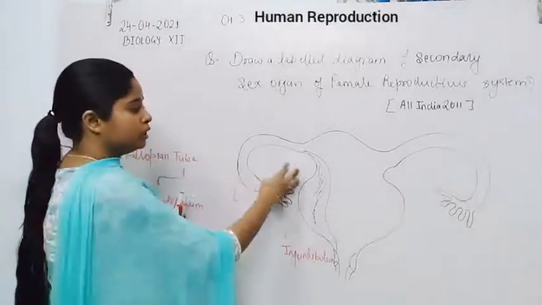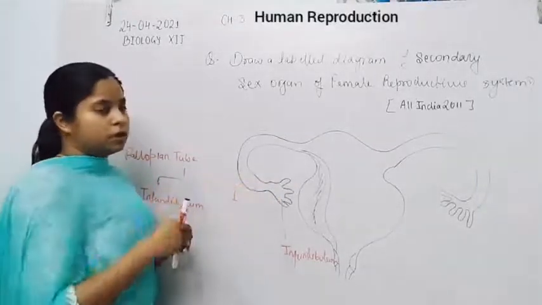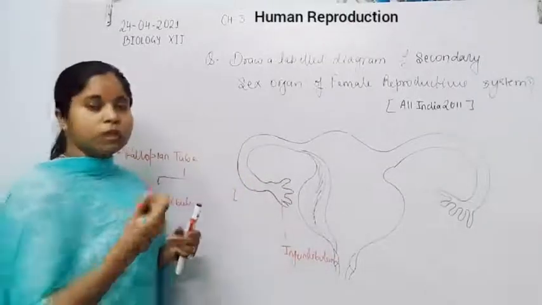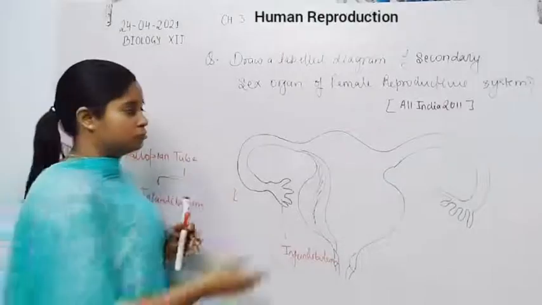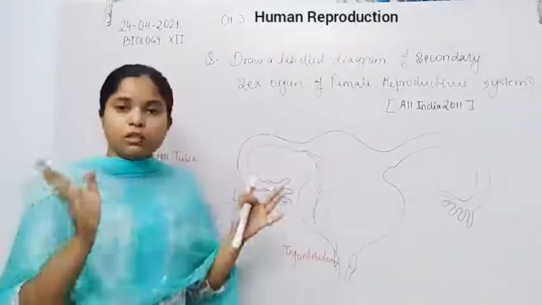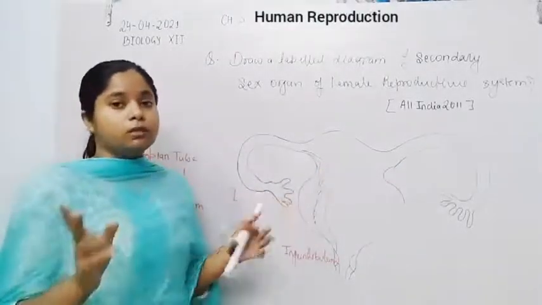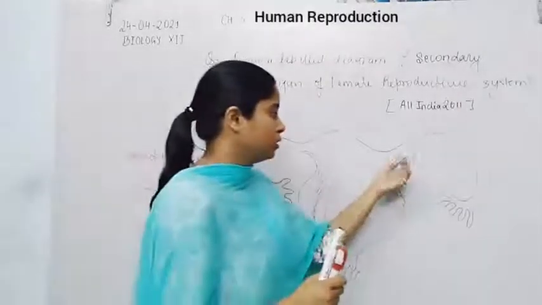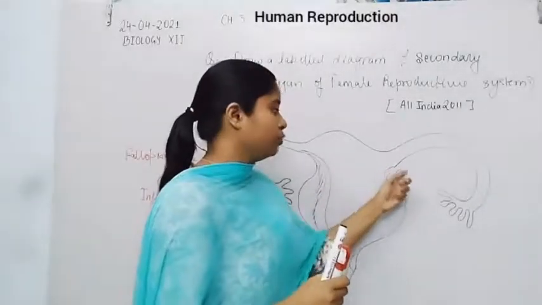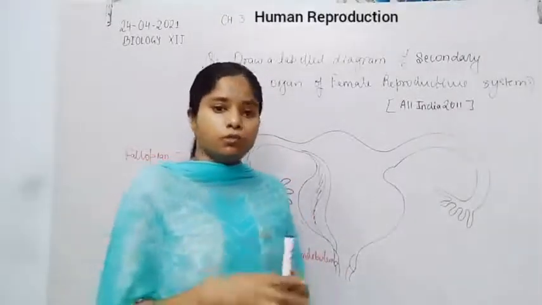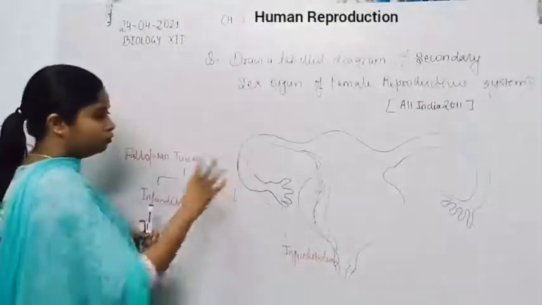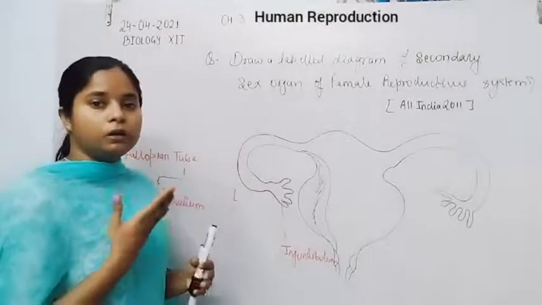One ovary releases the ovum in the first month, and the left side ovary releases it in the third month. In between, in the second month, the right ovary releases an ovum. So both ovaries function in alternate months.